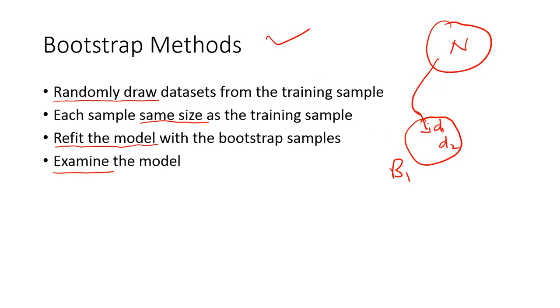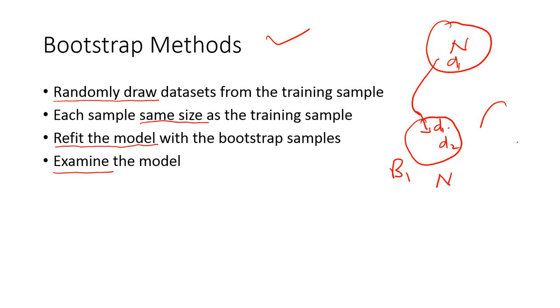That means if you have already taken data point D1, the second time you select a data point, D1 could be the one you select again. It's selection with replacement, so the data points can be selected more than one time. The Bootstrap sample B1 will also have n data points.